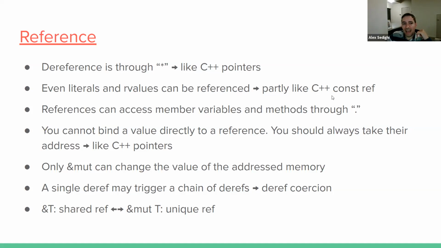You can actually get a reference of an R value or a literal and then try to change it and it works in Rust. Because when you create an R value or literal, there is an anonymous variable or memory for that created by the compiler, so it knows how to reference it.